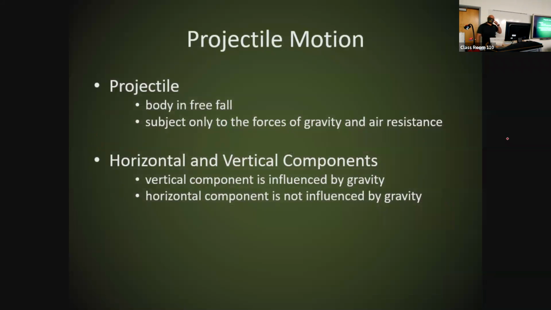Speaking of upward and downward, projectiles. There's a lot of sports that have some type of projectile. And those projectiles don't need to be implements, they can be the body itself.